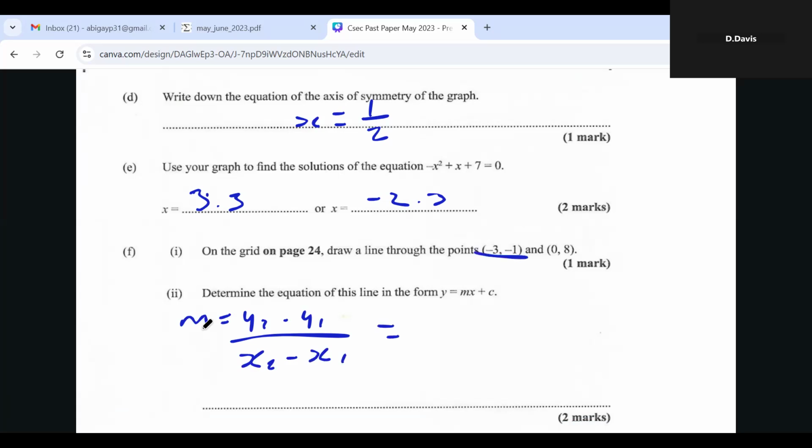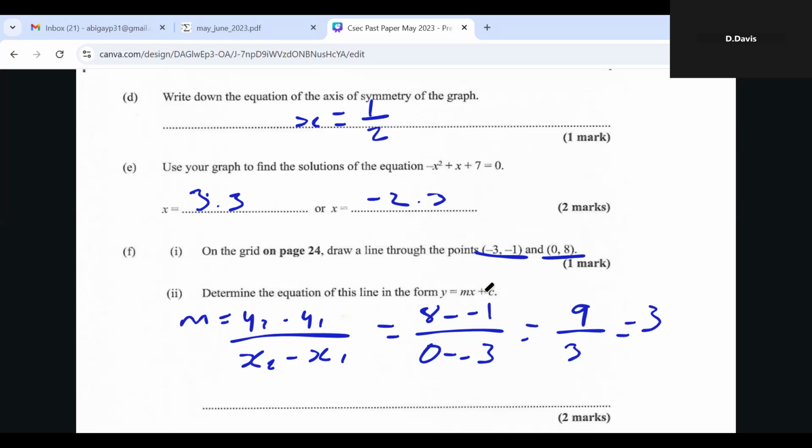And then we use these points. So y2 is 8, y1 is -1, over x2, which is 0, minus -3. So that is 9 over 3. So m is 3.